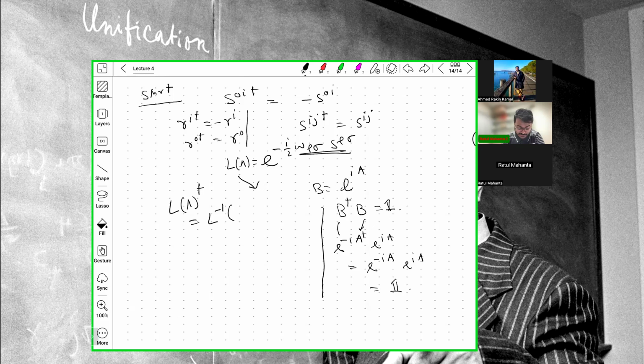Oh, by L you mean, okay, sorry, in the question you did not mean the Lagrangian, but the representation matrix L that acts on the spin. Yes, it is non-unitary. And that's what we got.